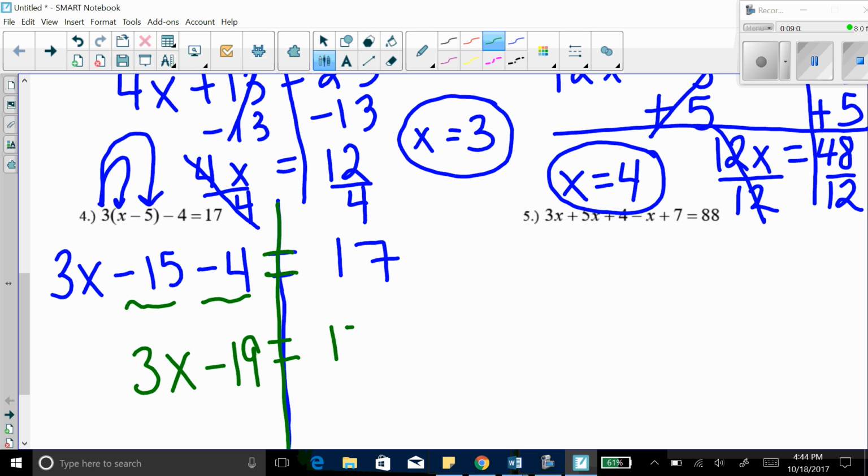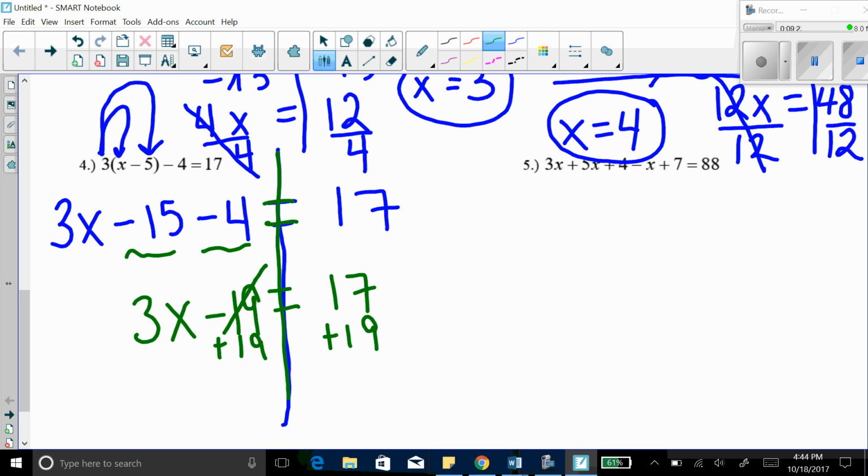We still have equals 17. Now it's a two-step problem. Because the things that are being subtracted, like that negative 19, we add 19 to both sides. Those will cancel, so I get 3x equals 17 plus 19, which is 36.